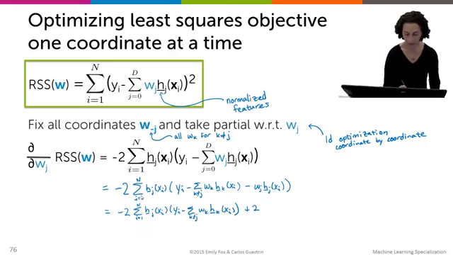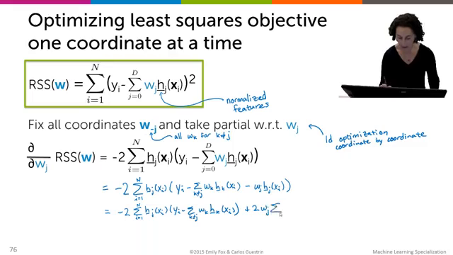And then this sum over i, well, wj doesn't depend on i, so that's going to come out. And then I'm going to have a sum i equals 1 to n, and I have two hj's: I have hj here multiplying this hj here. So h bar j squared of xi, or just to match the notation we did before, hj of xi squared.